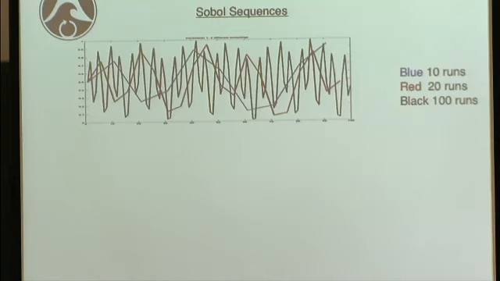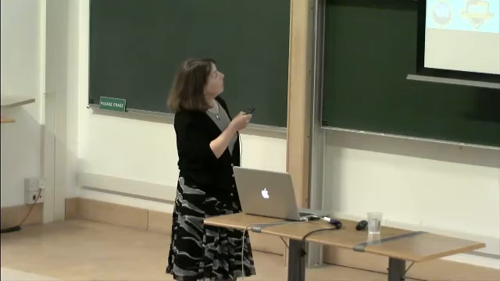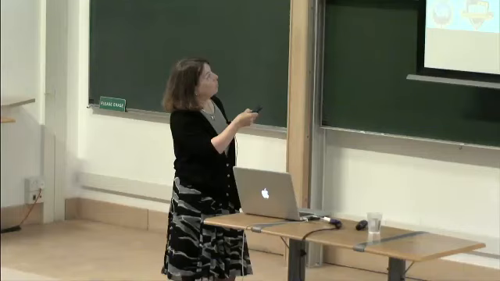The blue line is for 10 runs. The red line is for 20 runs, and the black is for 100. And you can see how it's trying to sample the space between 0 and 1 across the various numbers of runs. And this is only with one parameter.